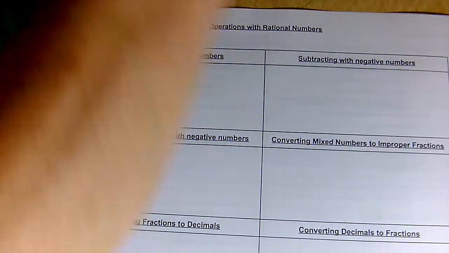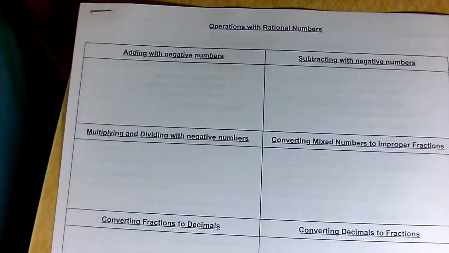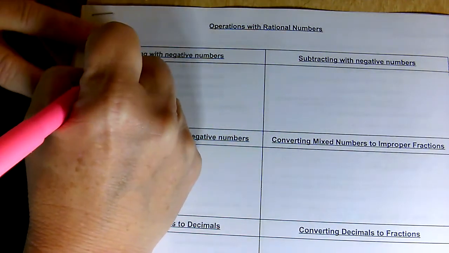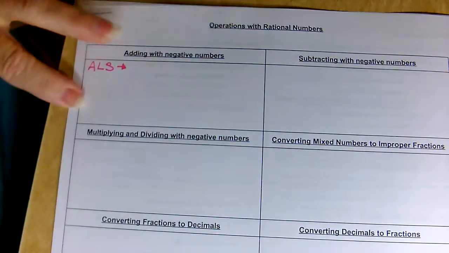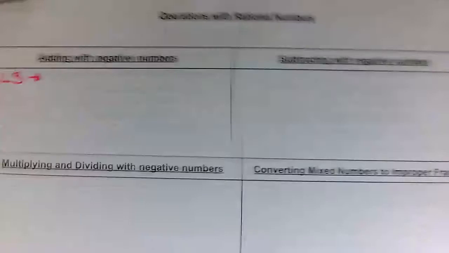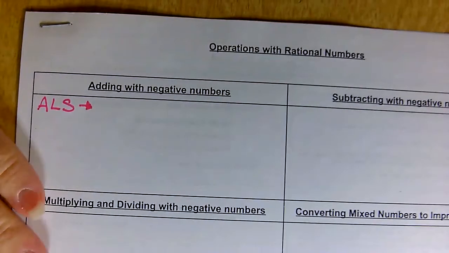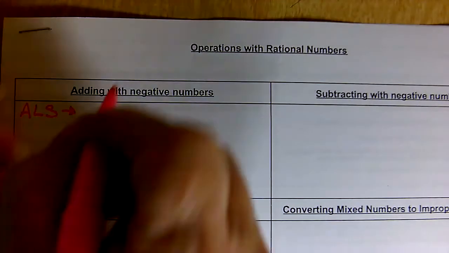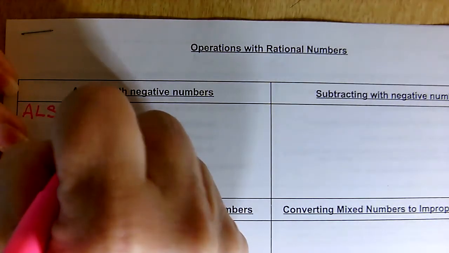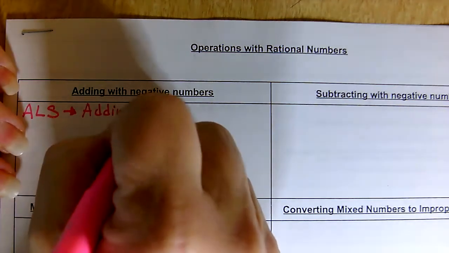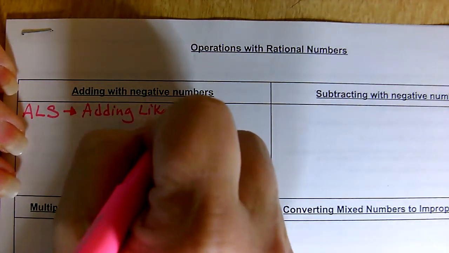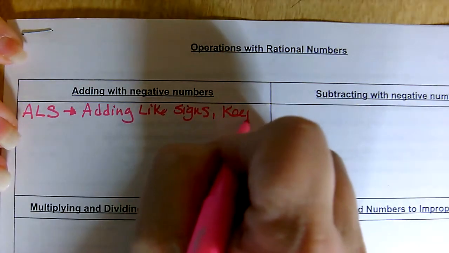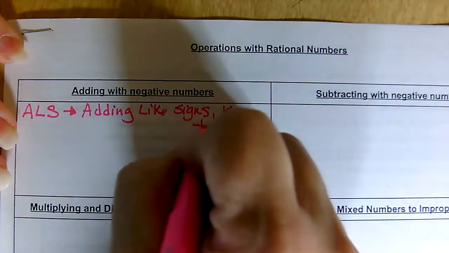All right, adding negative integers. When you're adding like signs, you keep the sign.